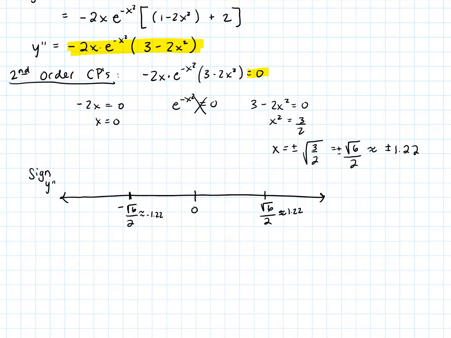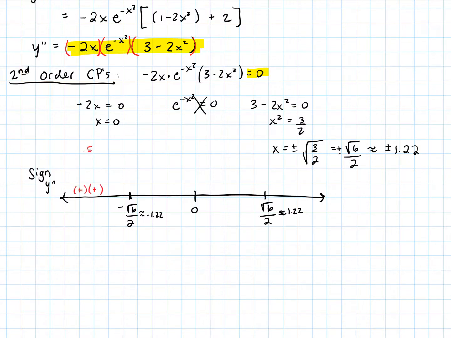Okay, so looking at the sign of these, we can pick something on each interval. We can do a test point. We're taking negative 2 times e to the negative x squared times 3 minus 2x squared. So as I'm plugging in values, if I were to test in, say, negative 5, pick whatever you want, pick negative 5. So if I plug in negative 5, I get a positive.